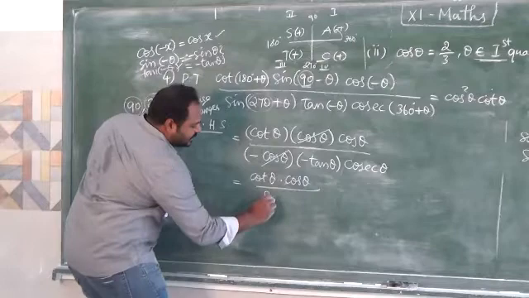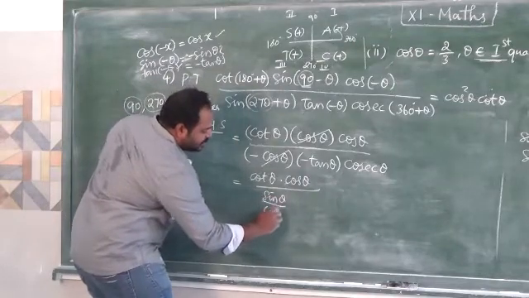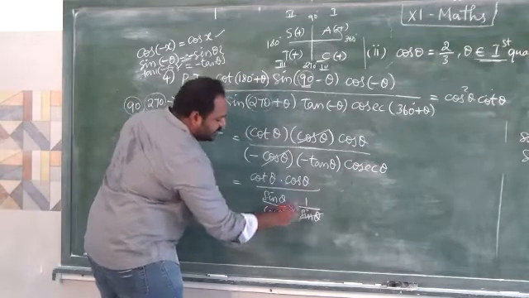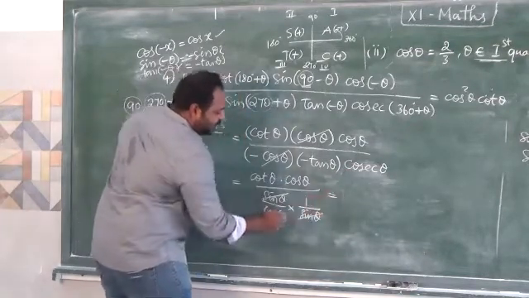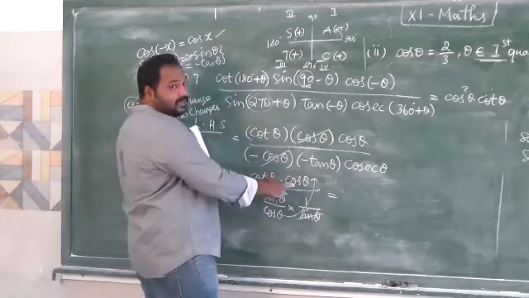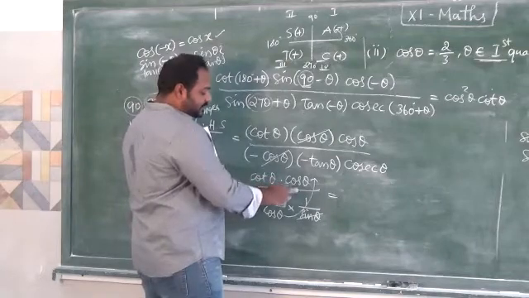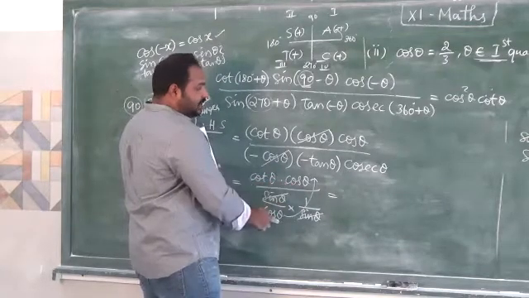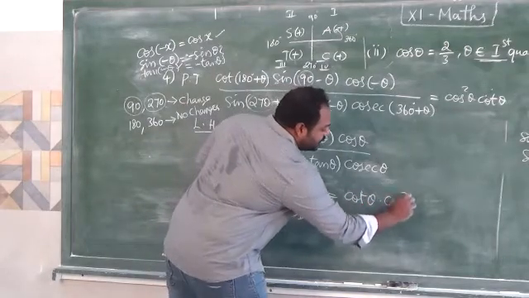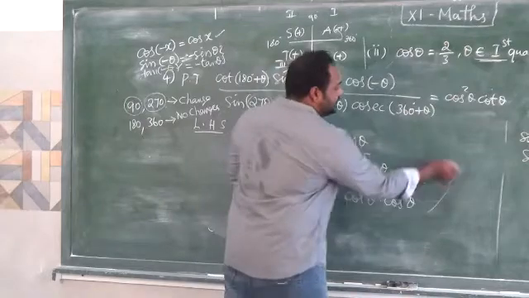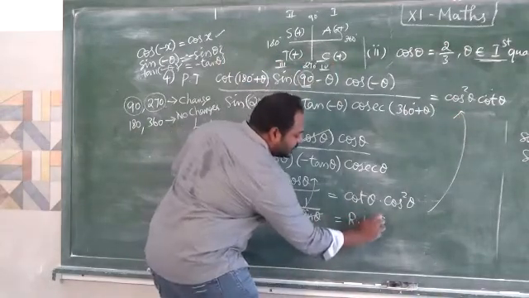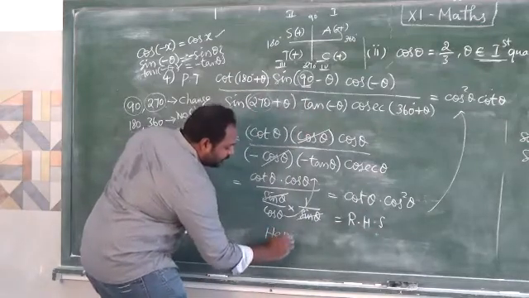Tan can be written as sin theta by cos theta, and cosecant as 1 by sin theta. These will cancel. Carrying this cos theta in the numerator, it is multiplied with cos theta, giving cot theta into cos square theta. This is the answer, equal to the RHS. Hence proved.